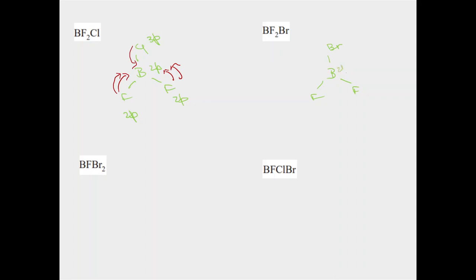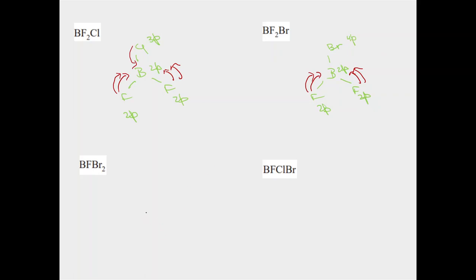Here boron has a 2p orbital, fluorine is 2p, and bromine is 4p. So the back donation from fluorine will be very good, whereas for bromine it will not be that effective.